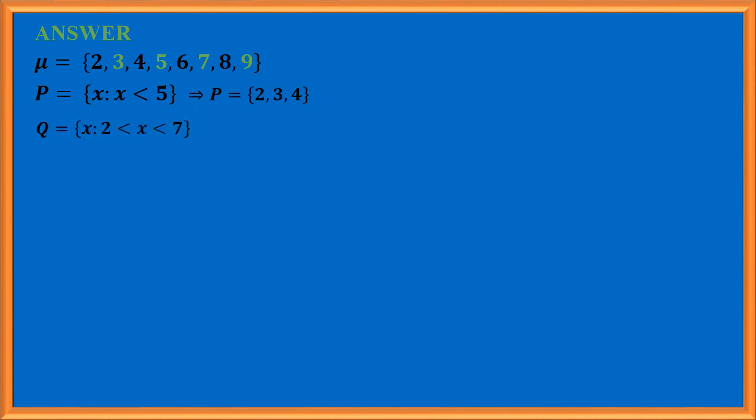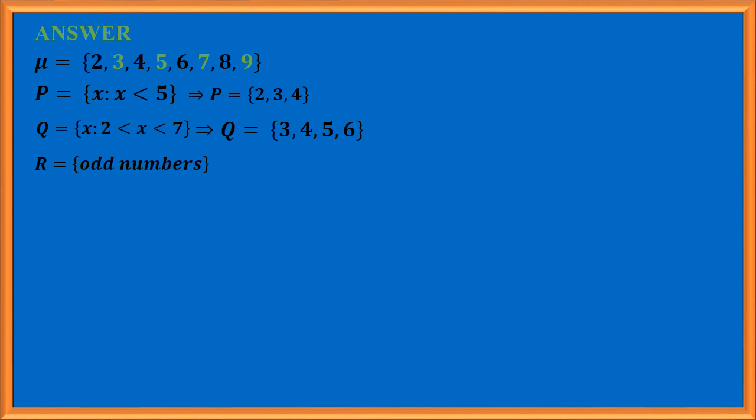Then for set Q, 2 is less than x, which is also less than 7, means the number we are to start set Q with should be greater than 2, but it should be less than 7. So greater than 2 comparing to the universal set means we should start from 3. So we have Q to be 3, 4, 5, 6, less than 7. Then set R is a set containing odd numbers.